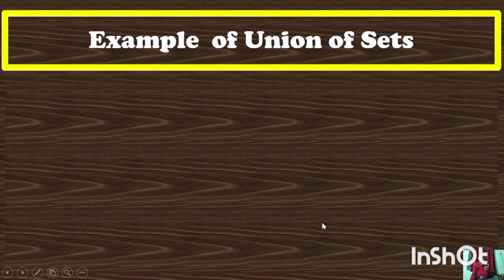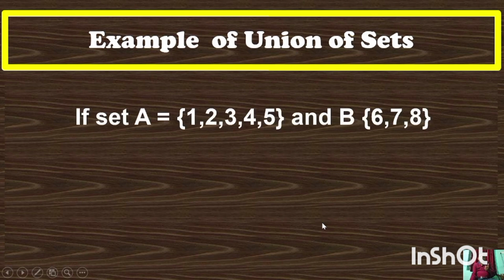So let's see with an example. Example of union of sets. Suppose the set A is equal to {1, 2, 3, 4, 5}. A simple example I am going to discuss. Suppose A is a set containing the elements 1, 2, 3, 4, 5, and B is another set having elements 6, 7, 8.